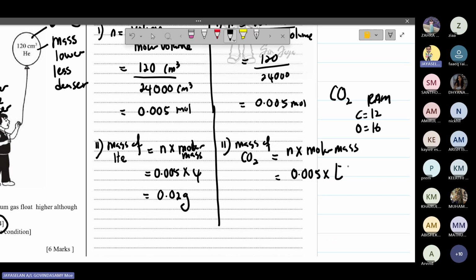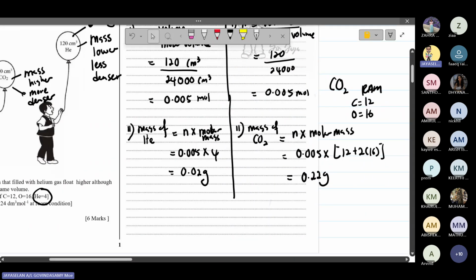So carbon 1 kan. So 12 plus 2 times 16 which is 44. Okay, so find the answer. You guys will get 0.22 gram. So kamu dah score 4 markah di sini.